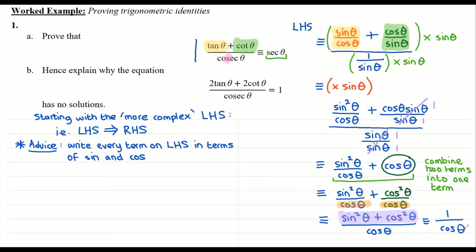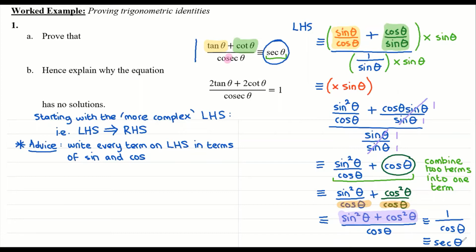And I won't write any more because we can now see that 1 over cos theta is the sec theta that we wanted. Okay, in fact, why not? Let's write it in. There we go. Just enough room. Right. So there's quite a few steps there.